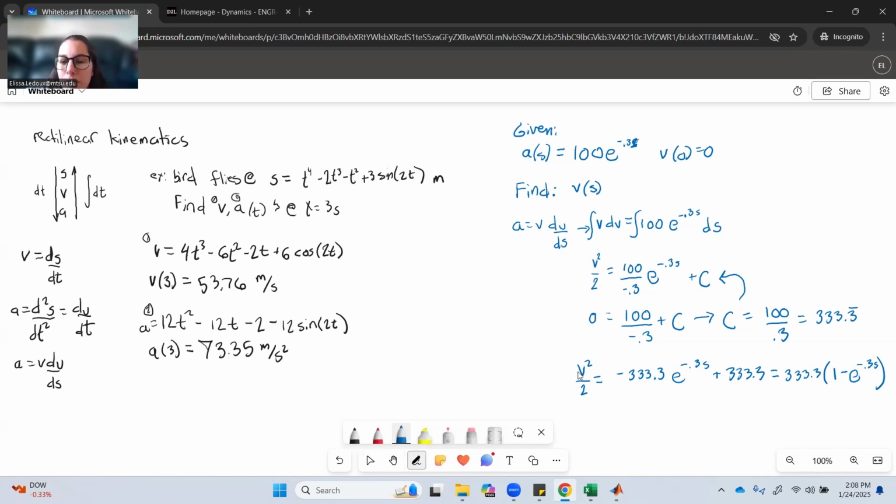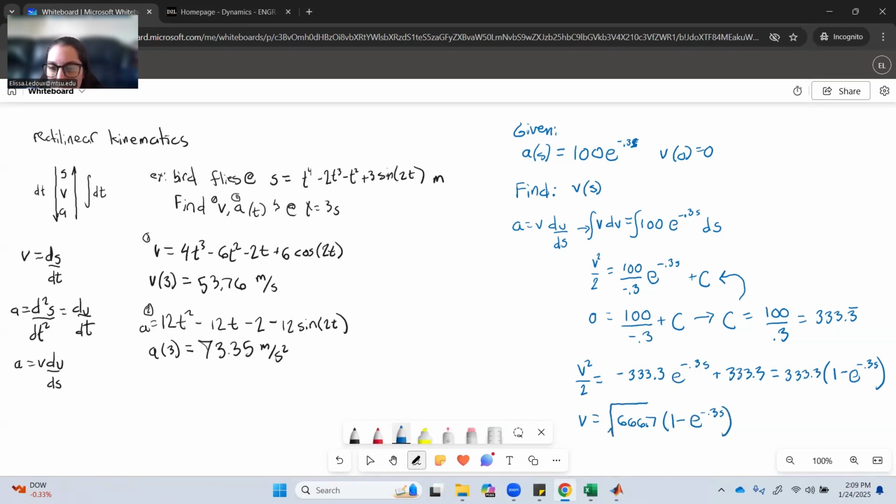But now we still have v squared over 2. We don't have actually just v. So we need to now solve for v. So we have to move this 2 to the other side and then take the square root. So we'll get v equals 666.7 times 1 minus e to the negative 0.3 s.